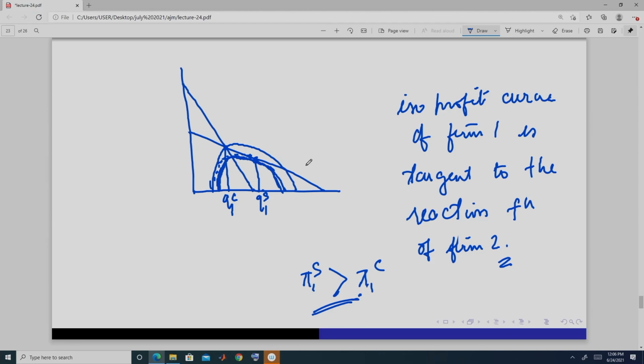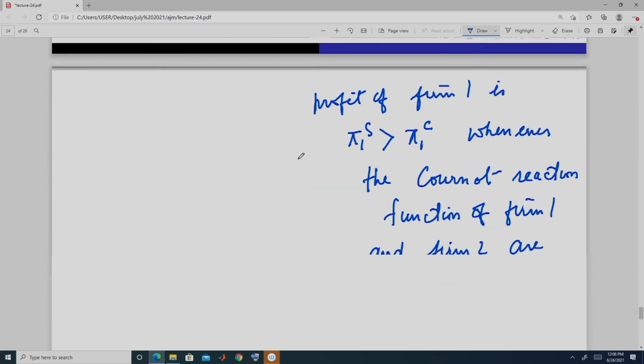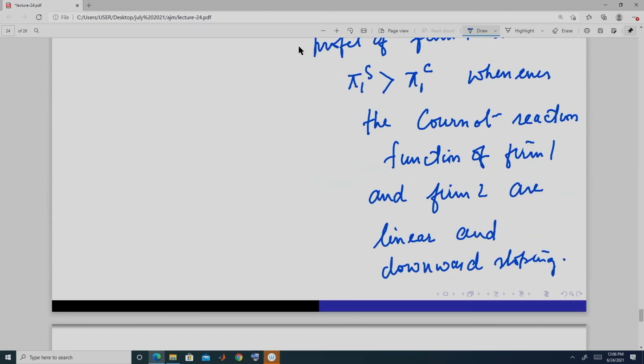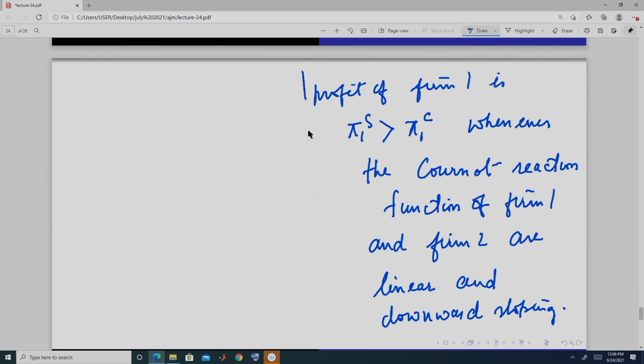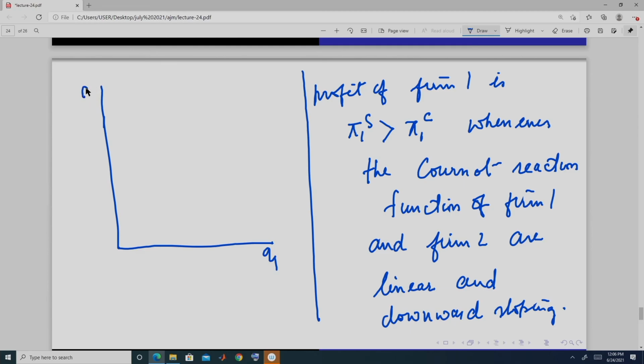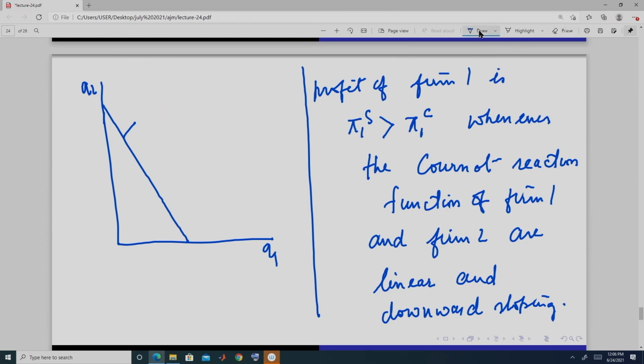Now, let us look at it from the context of firm 2. This is the reaction function, and suppose this is the reaction.